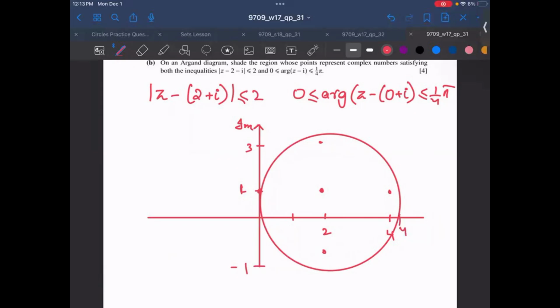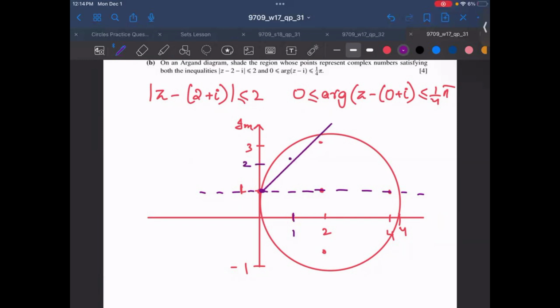And then it says the argument from 0 plus iota. So it means from this point, we'll make an imaginary x-axis, and the argument is between 0 and 1 upon 4 pi. So basically, we have to go at an angle of 45, which means when x is 1, y is 1. So if this is 2, this will have moved by 1 unit.